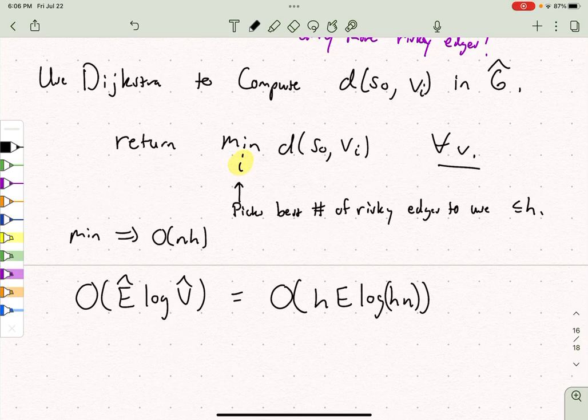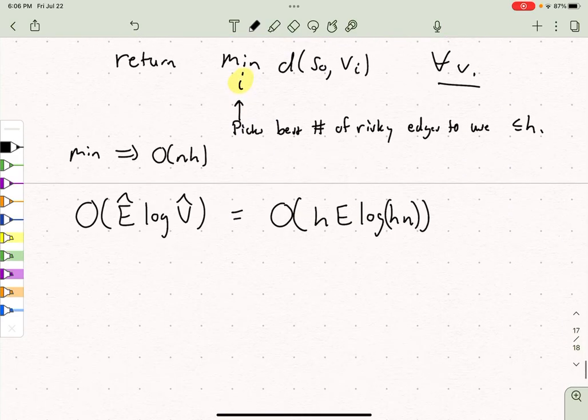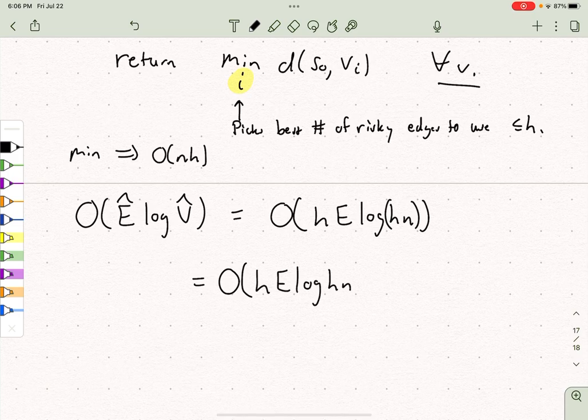That's the running time for the Dijkstra part, which is basically just running Dijkstra on every single copy. So overall, the NH factor doesn't really affect us, and we get O of H E log HN.